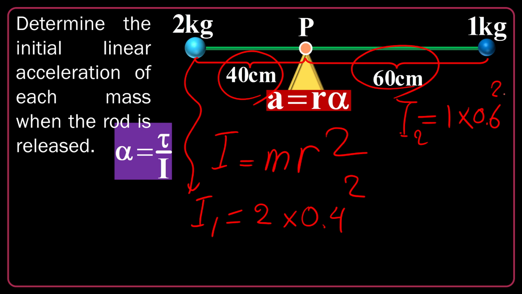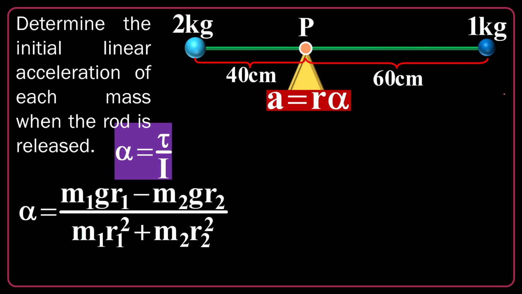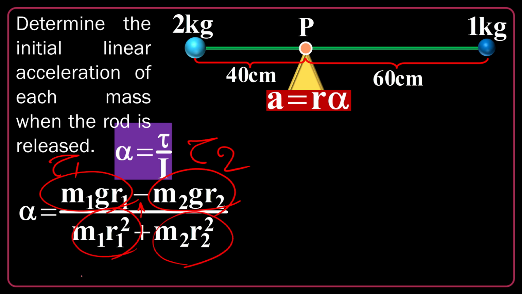And then we add them up. So we have m1 g r1, the torque of the first object, minus the torque of the second object, with a minus sign because they are against each other. One of them is clockwise, the other is anticlockwise. And the denominator is the addition of the two moments of inertia.